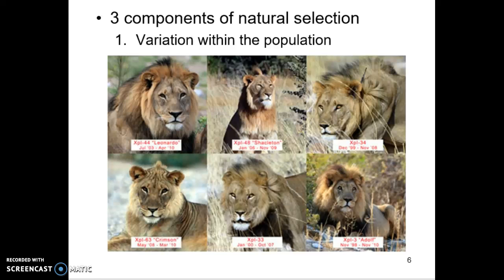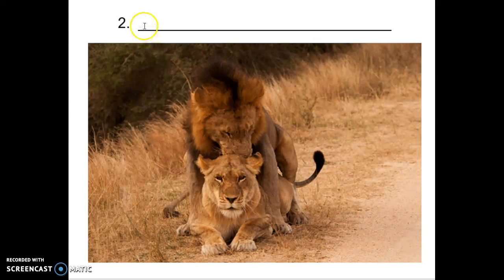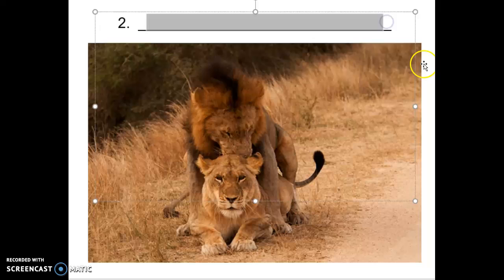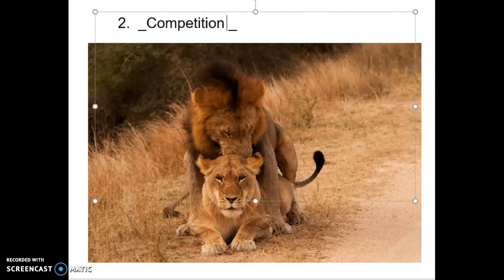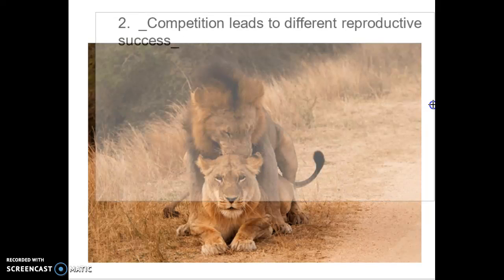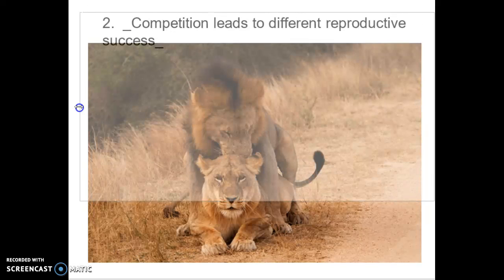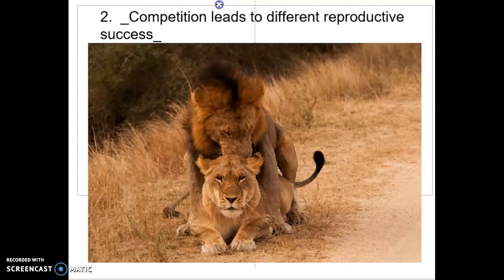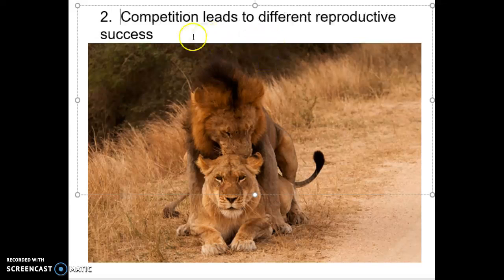When we see variation, we're going to see competition. And competition leads to what we call different reproductive success. Okay, so certain lions have a better chance of reproducing than others. The bigger, the faster, the stronger, the more adaptable, the fittest lion will be the ones that reproduce.